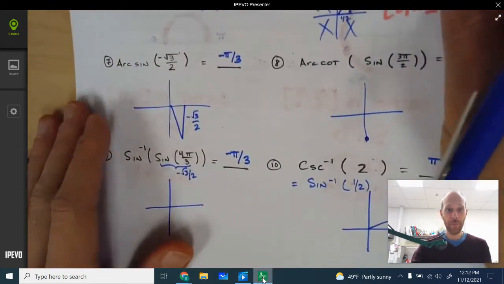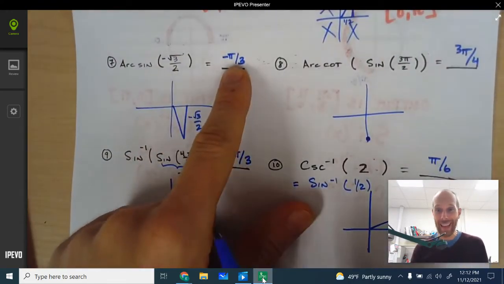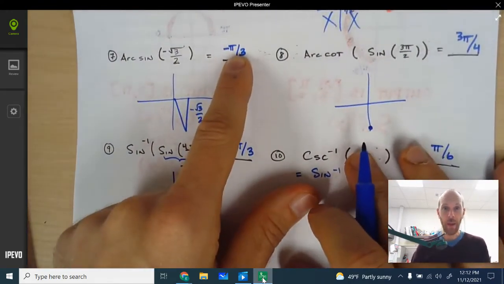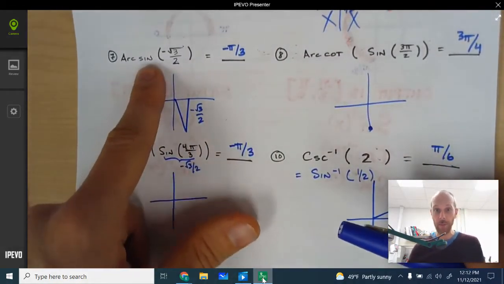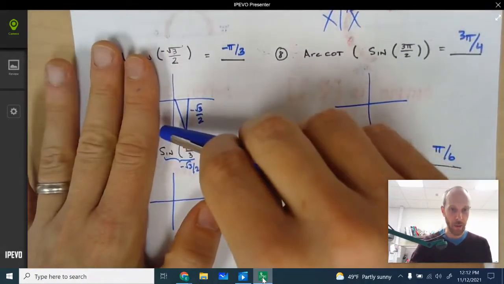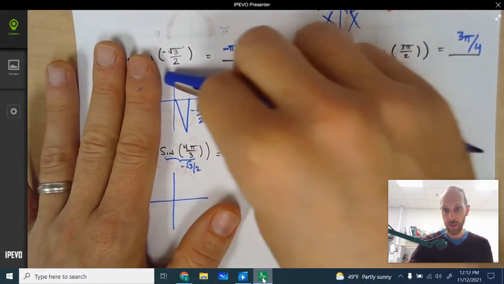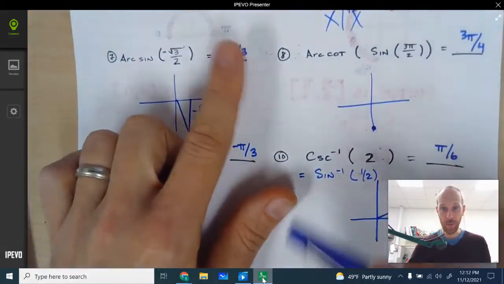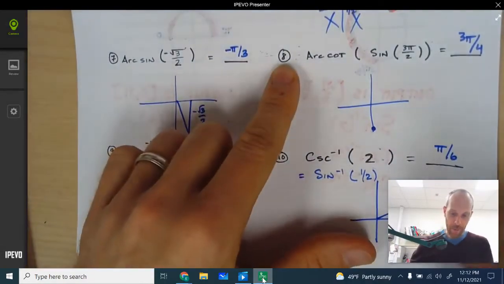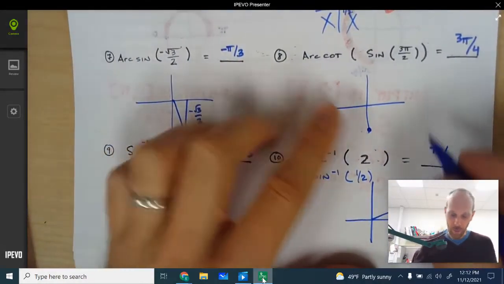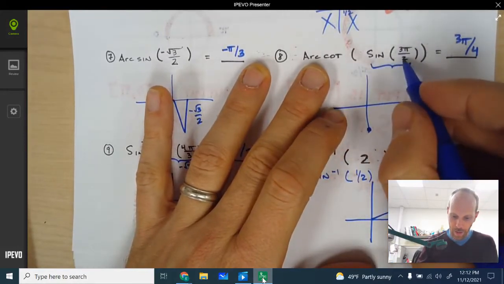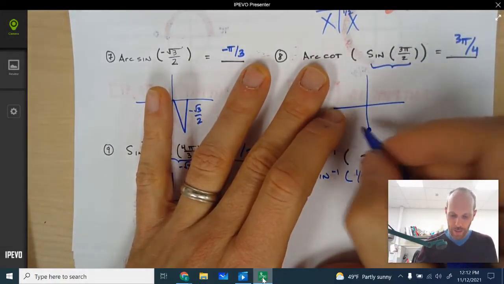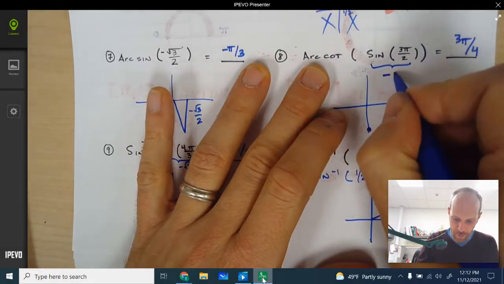Hey, let's check our work. The answer to the first one is negative pi over 3. If you said 5 pi over 3, you're forgetting that the principal branch of the inverse sine goes from negative pi over 2 to pi over 2. So that's what our answer should be. Number 8, the answer is 3 pi over 4. The reason is that the sine of 3 pi over 2 is equal to negative 1.